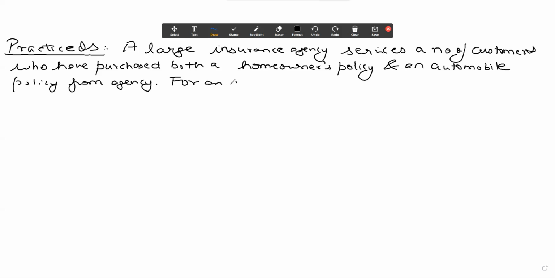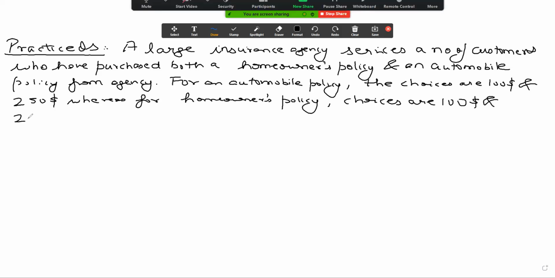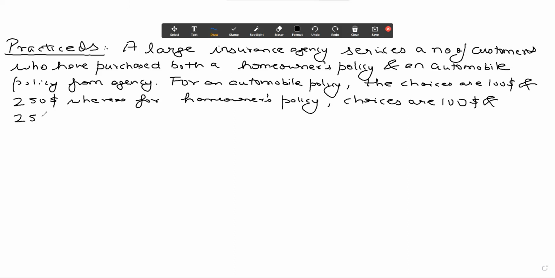For an automobile policy, the choices are $100 and $250, whereas for the homeowner's policy, the choices are, let me correct myself, $0, $100 and $200.